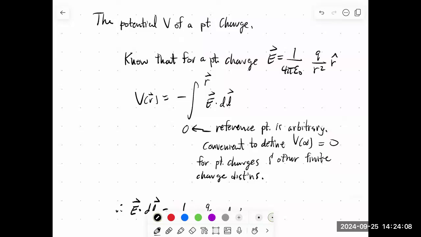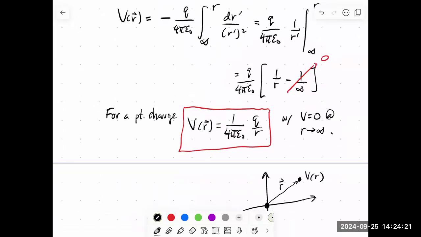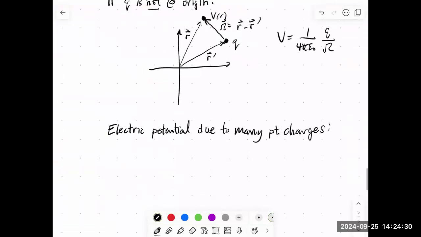And then we could distribute the integral, so instead of an integral of a sum, we'd have a sum of integrals. Every single one of these integrals would evaluate to the same sort of expression. You would just have a Q1, R1, a Q2, R2, Q3, R3. And so the potentials would just add up directly.